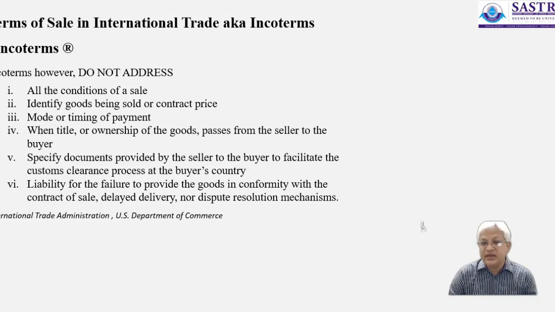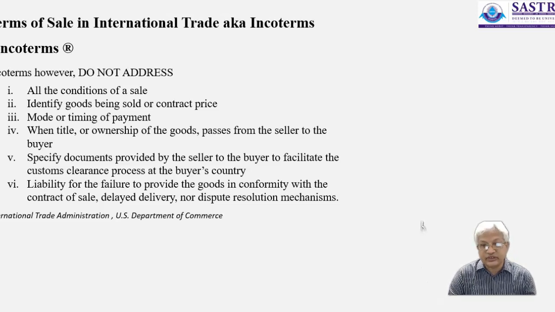Incoterms includes many other related agreements between the buyer and the supplier in an export or import trade. Well, Incoterms does not address all the conditions of the sale. There are several other conditions, like packing, like reaching the goods at a particular date or before a particular date.